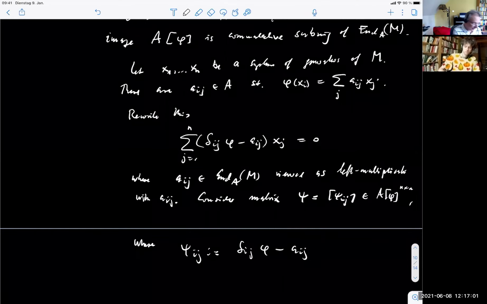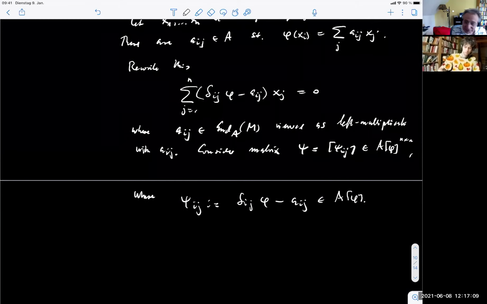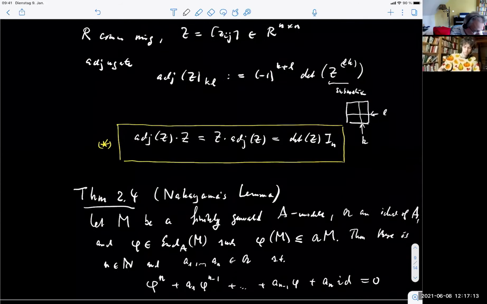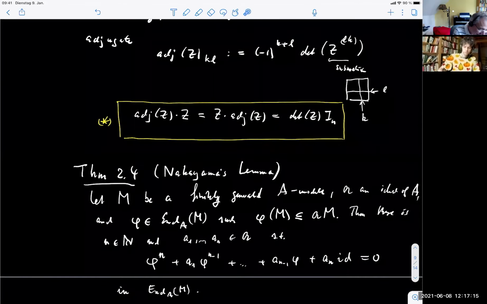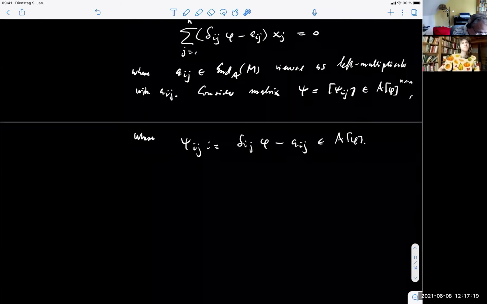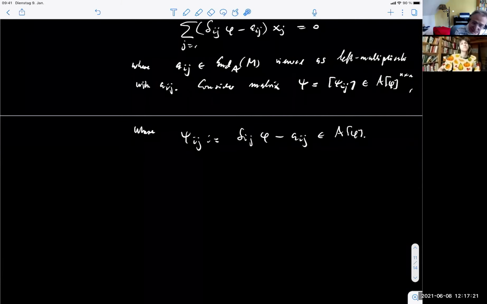So this is our matrix. Now we apply what we have in this yellow box to this matrix. Basically we try to write the inverse, even though there is no inverse.